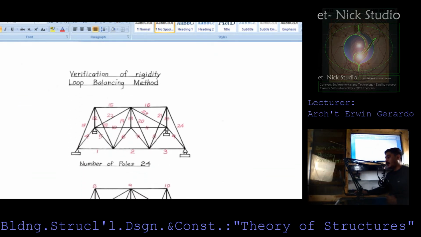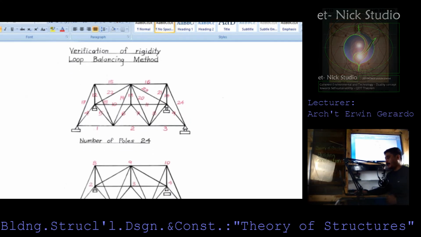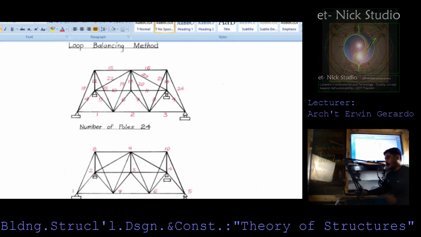Let us go over this verification of rigidity, loop balancing method. So here we have the number of poles is 24.